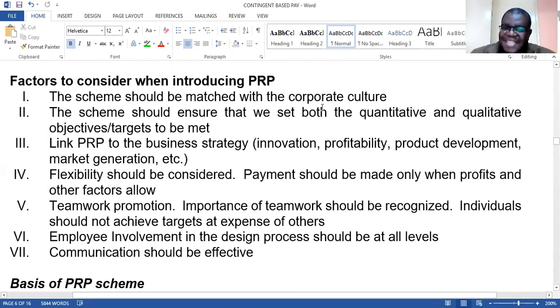So as you are introducing PRP schemes, you want to be clear. You match the scheme with the corporate culture, critical factors to consider. Match scheme with the corporate culture so that there's a good fit. Have measures of performance that are both quantitative and qualitative. Like a school inspector may be told, make sure when you inspect schools, inspect at least 10 schools per week.